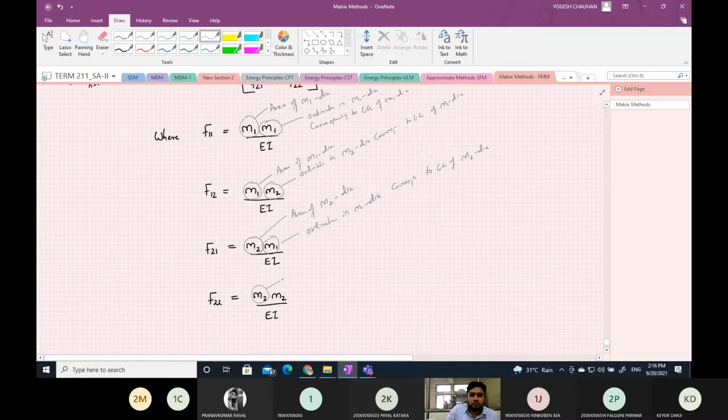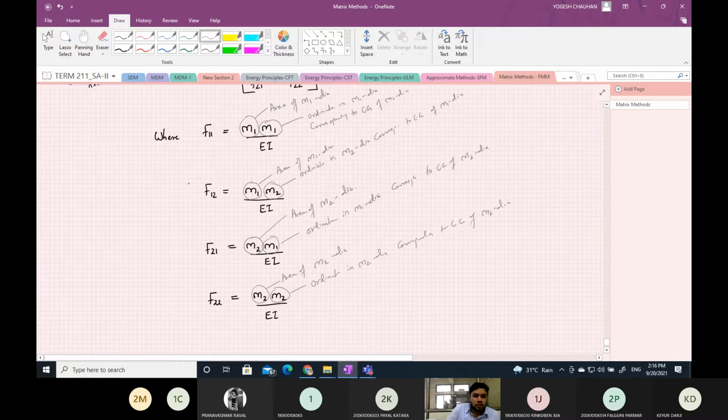Then here, the area of the M2 diagram and the ordinate in the M2 diagram corresponding to the CG of the M2 diagram.